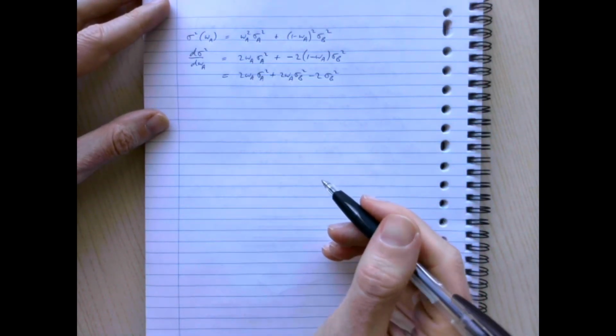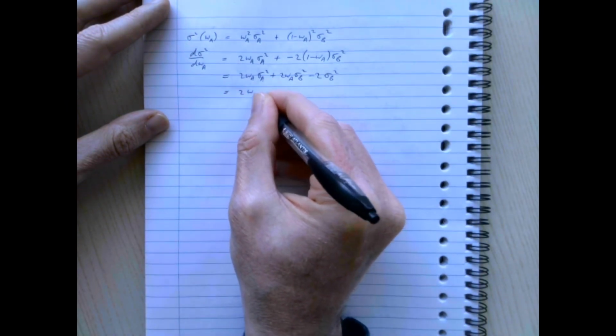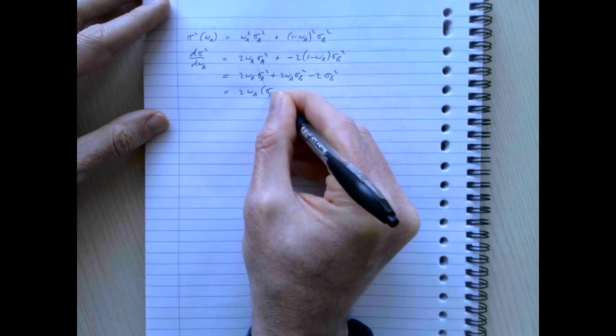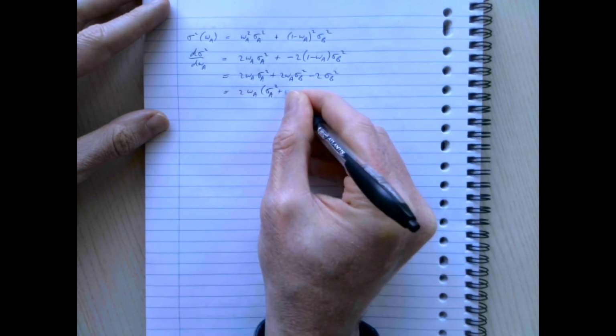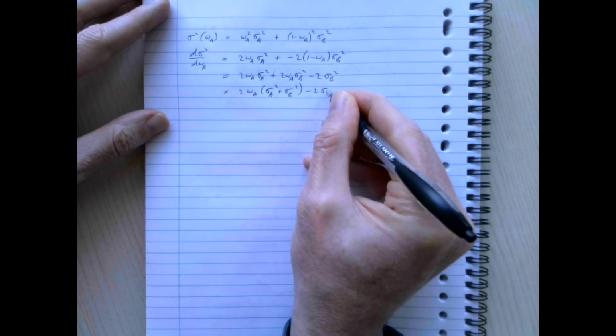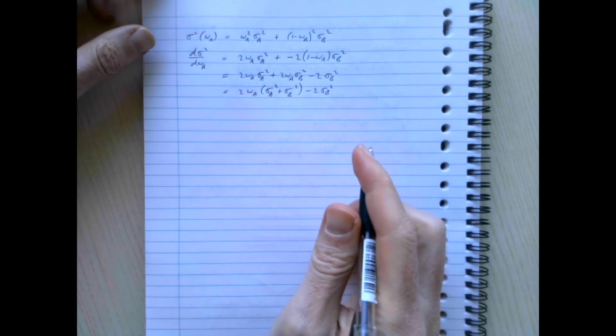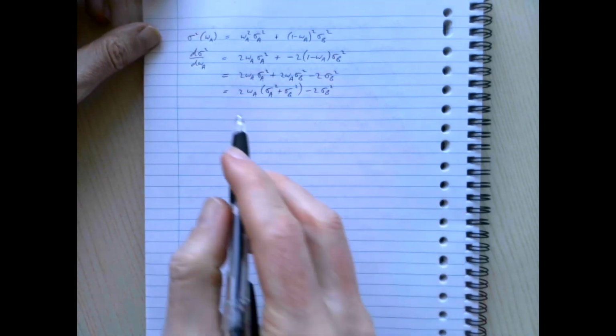So we're almost there. So we have 2WA times sigma A squared plus sigma B squared minus 2 sigma B squared. So this is the derivative of the function sigma squared.